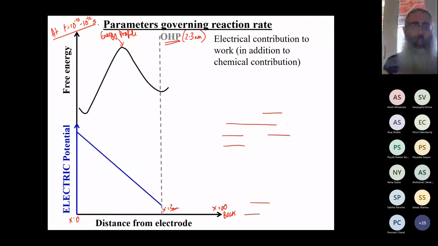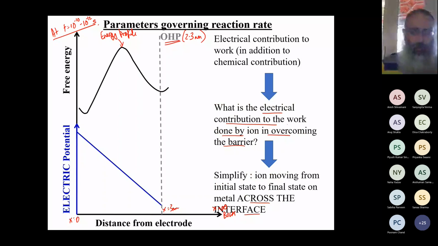So for the reduction reaction, the ion coming from the solution is in its initial state, x equal to infinity, the bulk state. It is moving towards the interface, and then in the OHP part, it has to undergo an energy profile, that is, cross over the energy barrier. If it were purely chemical, it has to cross over the energy barrier before it becomes a part of the metal.